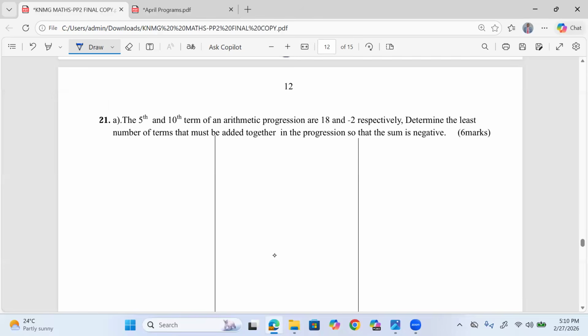All right. We are given the 5th and the 10th. How do we get any nth term in a given progression? Generally, the nth term is usually given by first term plus n minus 1 multiplied by d.